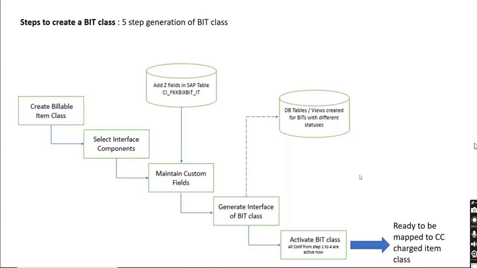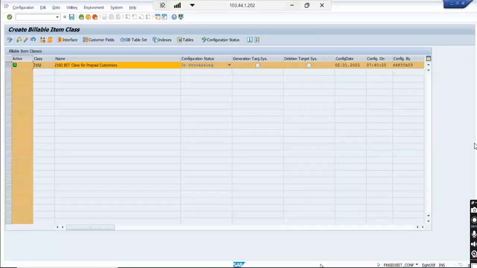You are adding multiple tables to it, like a DB table set. What is the purpose of it? Yes, 01, 02 DB tables are added. I don't know the usage of it, but I have seen people adding. Maybe later on it has some usage.